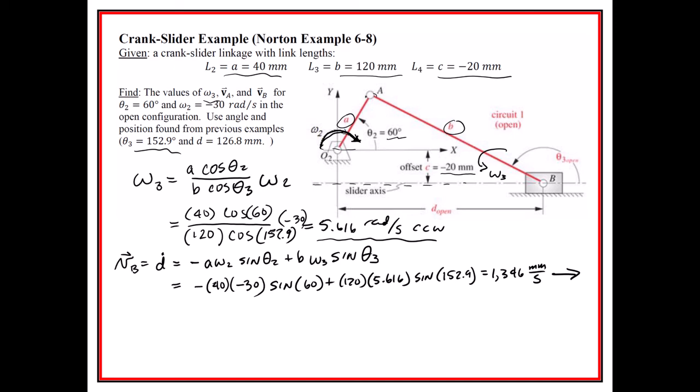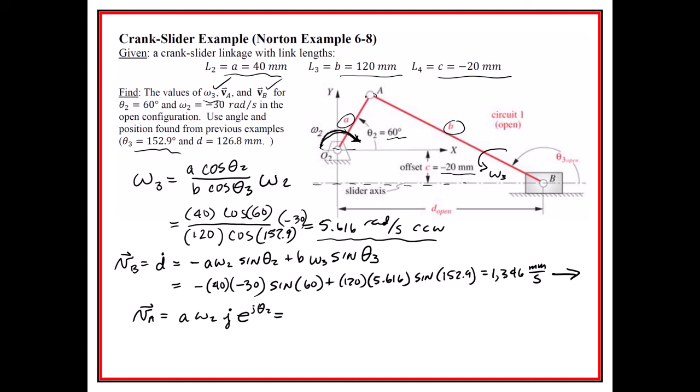Now, we already found omega 3, and we found the velocity of B. So now we could find the velocity of A. Velocity of A is actually going to be, we could go back to the vector loop equation and its derivative, and we find that it's A times omega 2 times e to the j theta 2.